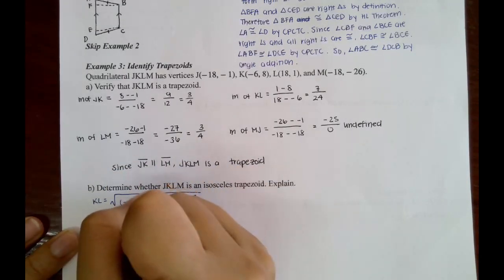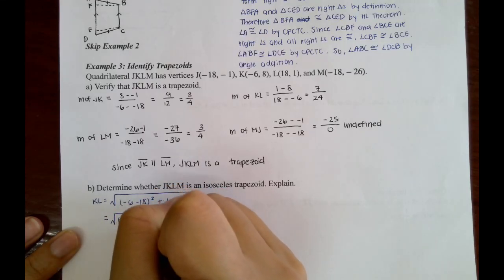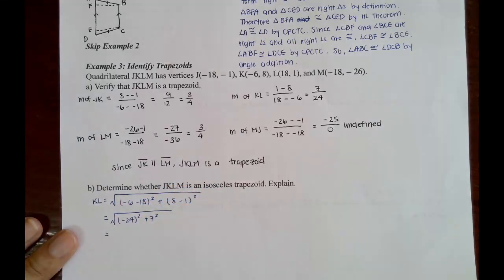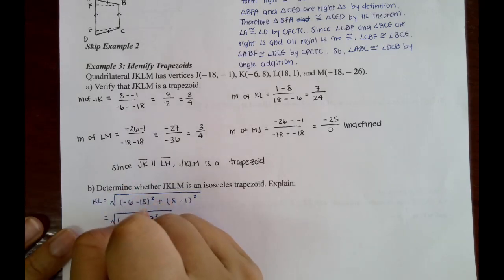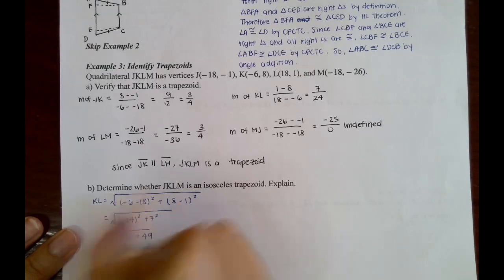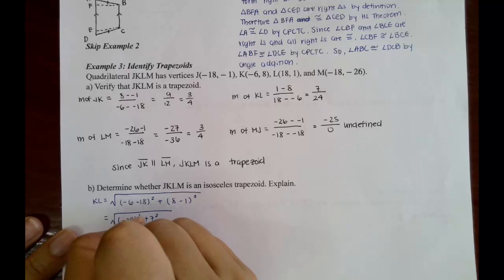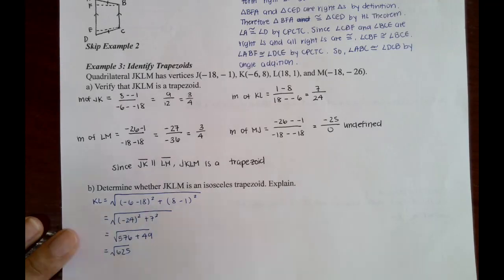Negative 6 minus 18 is negative 24. 8 minus 1 is 7. Negative 24 squared is 576. So 576 plus 7 squared is 49. This gives me square root of 625. Square root of 625 is 25. So KL is 25 units long.